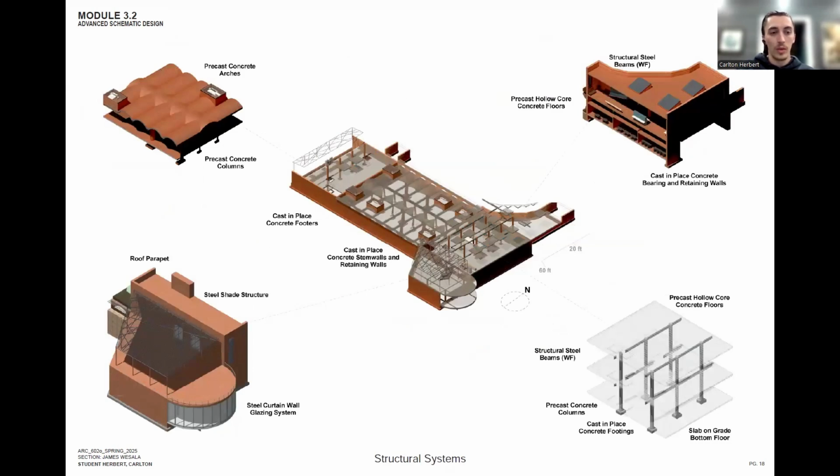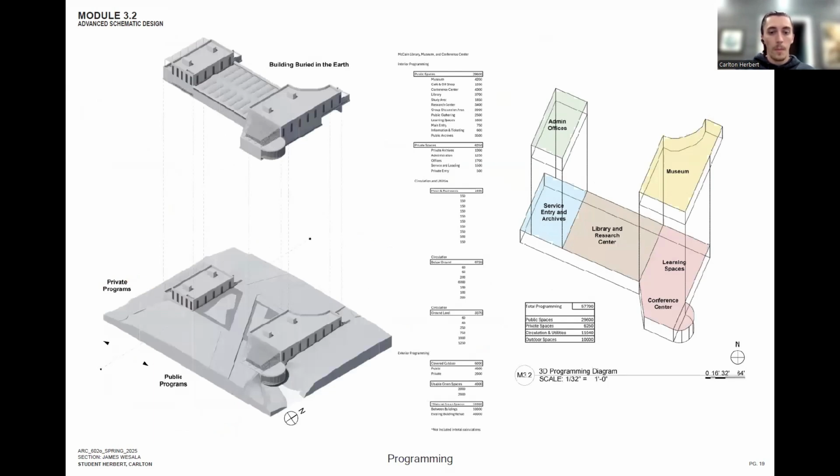And then here's more of the structural components: precast concrete arches, steel shade structures, curtain wall glazing systems, some cast hollow core concrete floors, and structural steel wide flange beams that make up the main horizontal system.